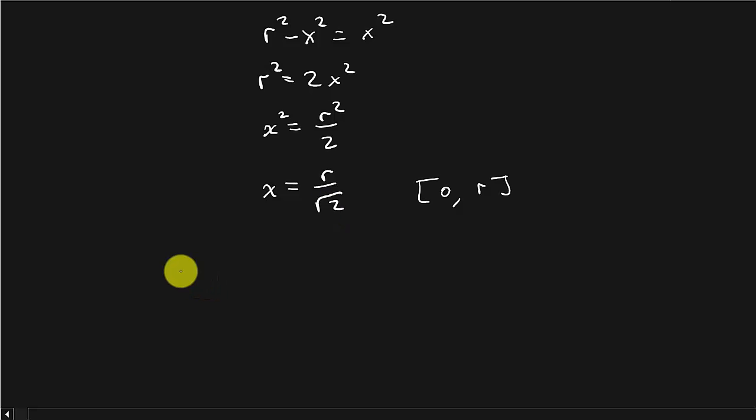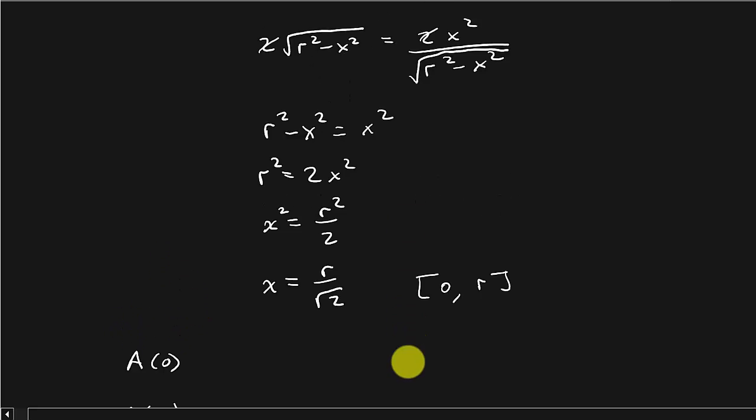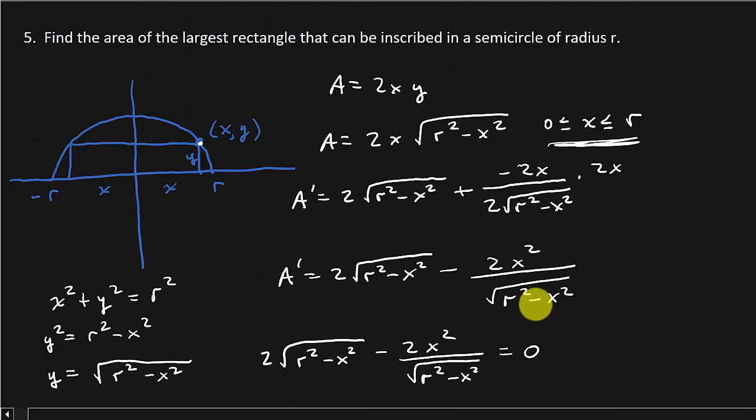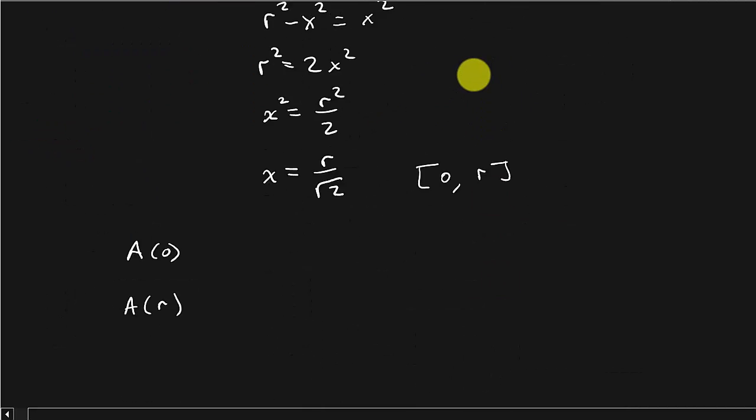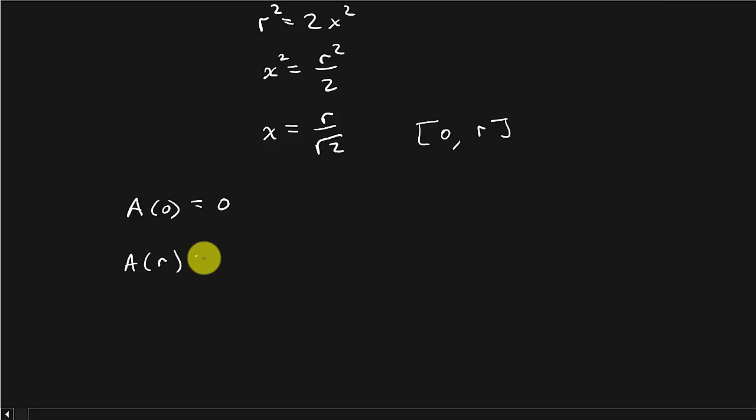So if we do A of 0 and A of r, I mean, just look at this up here. A of 0, so if I plug 0 in here, that's 0 times whatever, that is 0. And then if I plug r in, that's r squared minus r squared. That's 0. And so that makes the whole thing 0. So both of these are equal to 0. And so we know this gives us our maximum area.